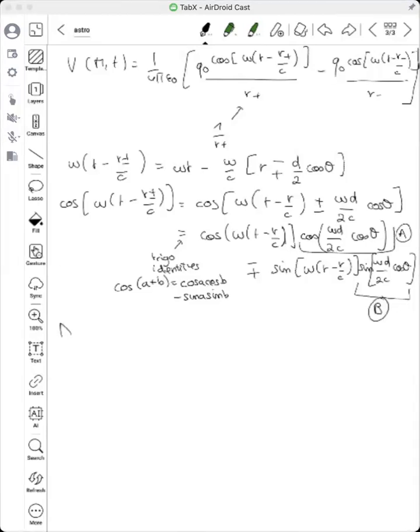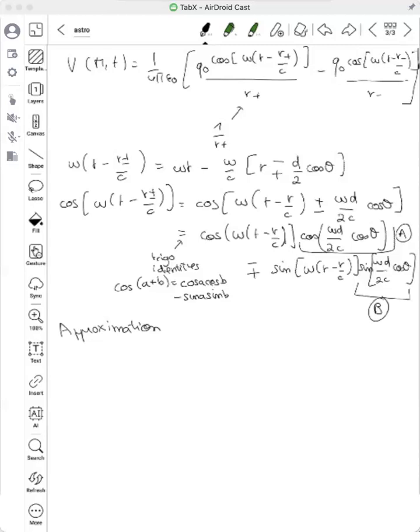Okay, so the second approximation that I'm doing, in the static case, we only did one approximation and it allowed us to derive everything. Now it's not going to be enough. So the second approximation I'm doing is the following.